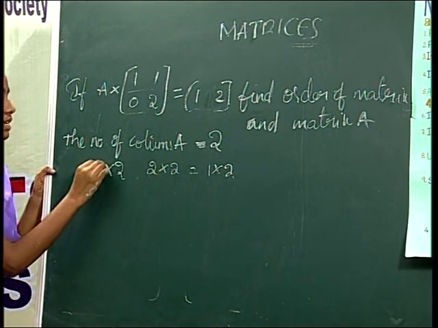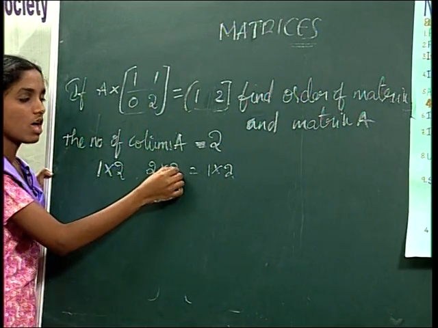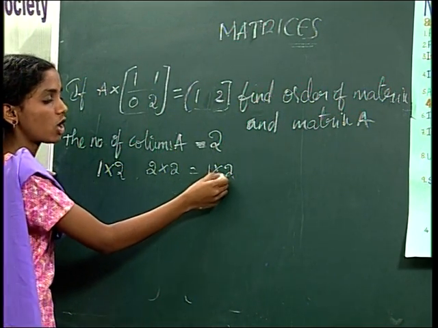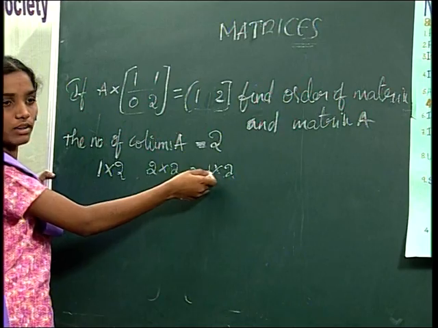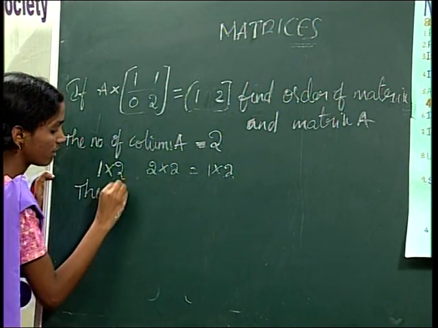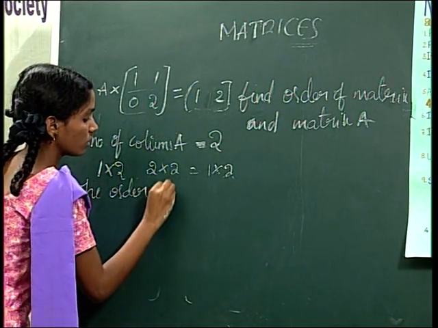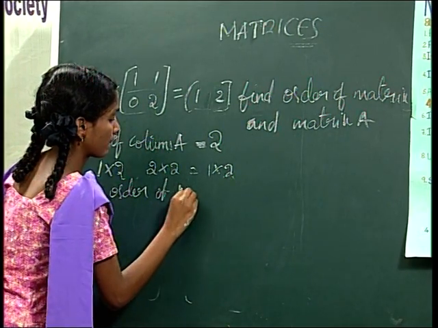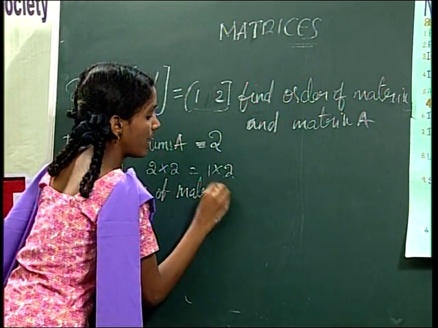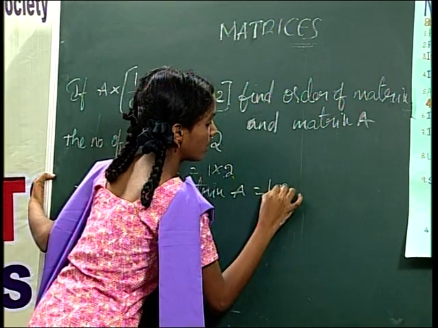If you multiply a 1 by 2 matrix with a 2 by 2 matrix, the order of the product matrix is also 1 by 2. So the order of matrix A is 1 by 2.